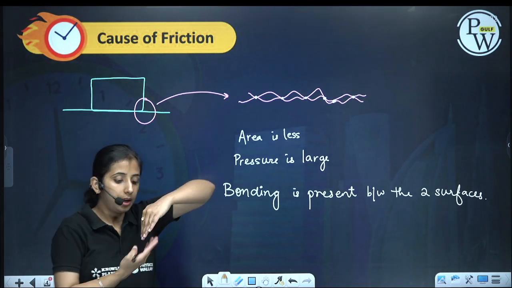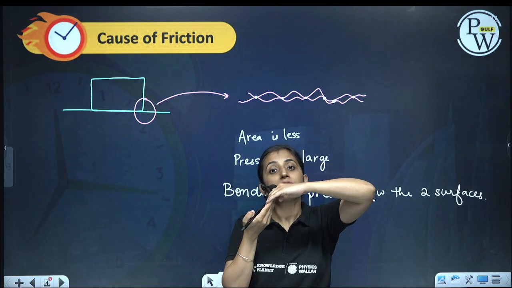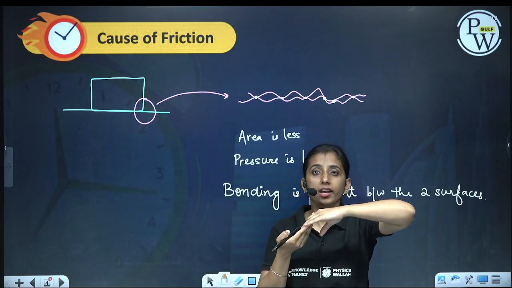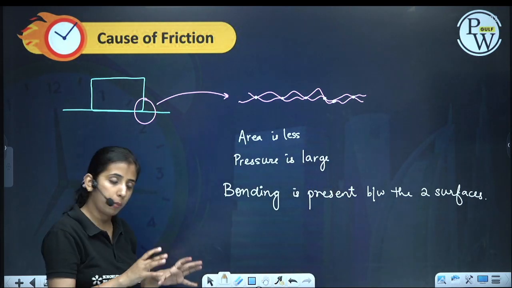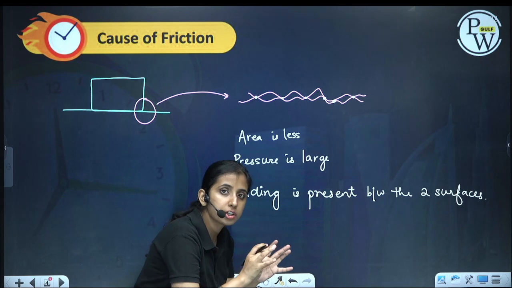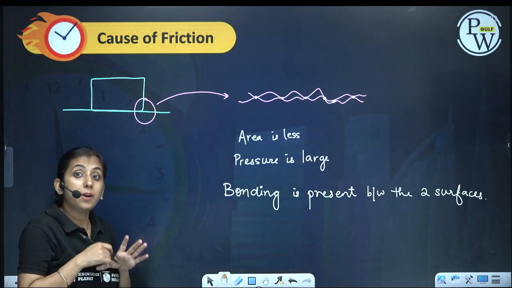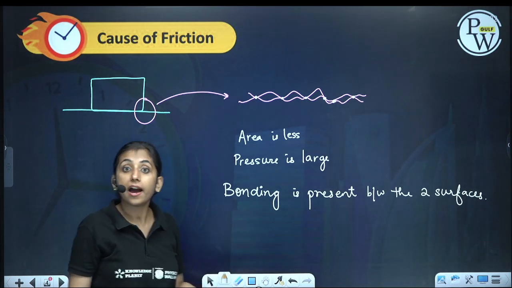Now as we apply some force, we try to break the bonds. If we are applying lesser force, bonds will not break, body will not move. That's why we have seen that when we try to push a huge block or box, it doesn't move. We again push it, it doesn't move. Then we apply more and more force, and there comes a point when it slides forward.